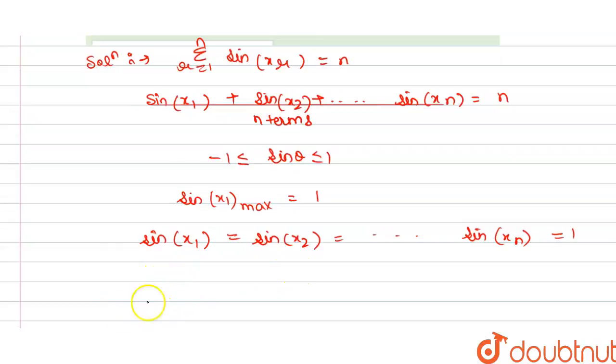We are given that the sum of sin x_r equals n, up to n terms, so sin x_r equals 1 for each r.